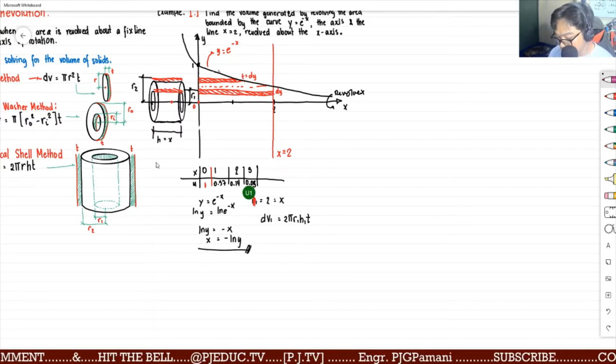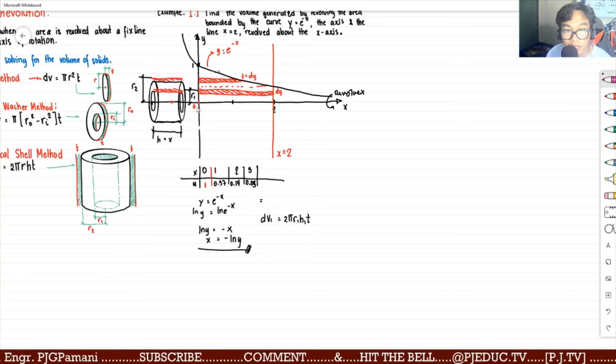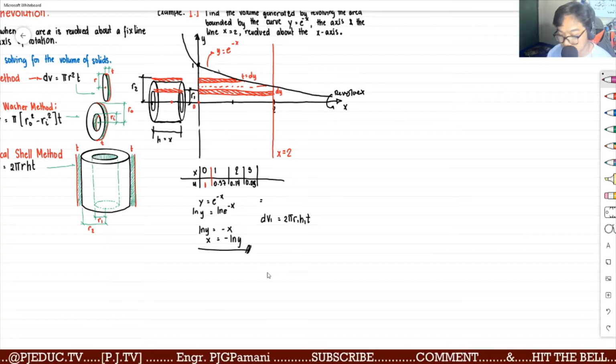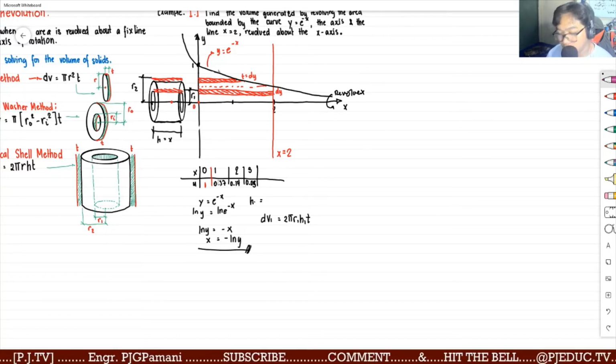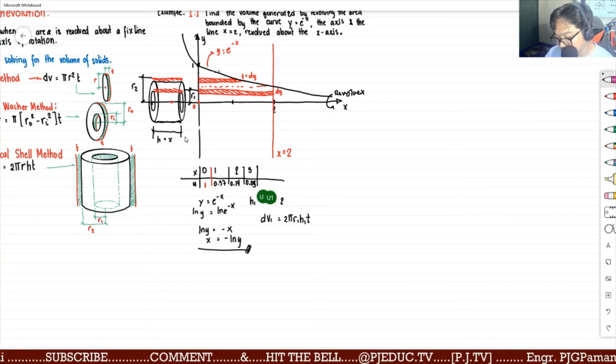Yung x equal to 2, I should correct myself. Yung tinutukoy ko pala, hindi radius 1, should be the length of the cylindrical shell which will revolve on the x-axis. So, dapat h1 yun. h1 should be equal to x equal now to 2.